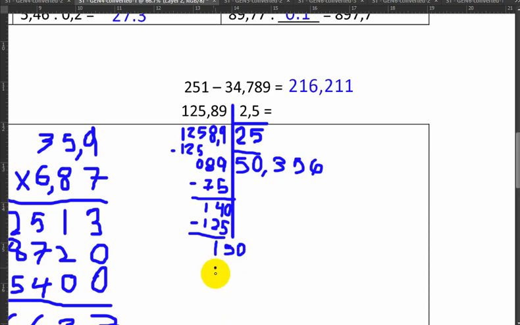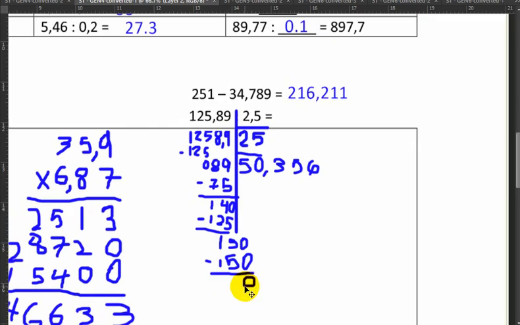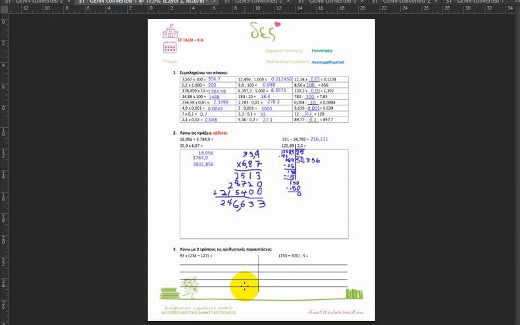Exactly. 150 minus 150 makes 0. And division over. Oh, wait, we still have a lot more.